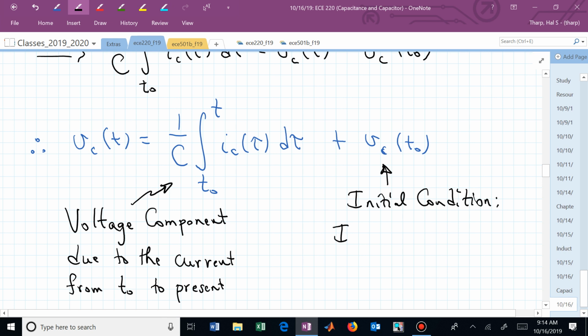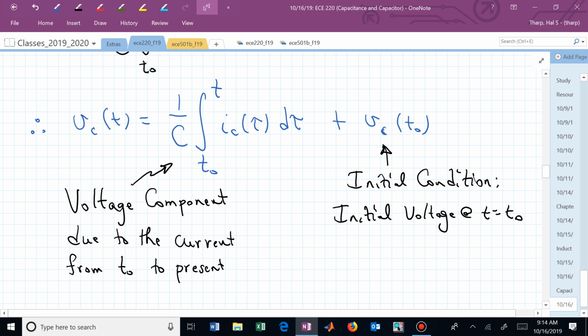And that's the initial voltage at time t sub 0. And if we really wanted to compute it, if we knew what was happening from minus infinity in time up to now, then we could integrate.